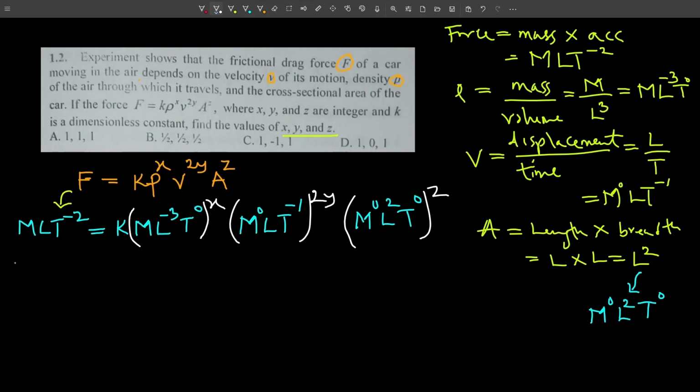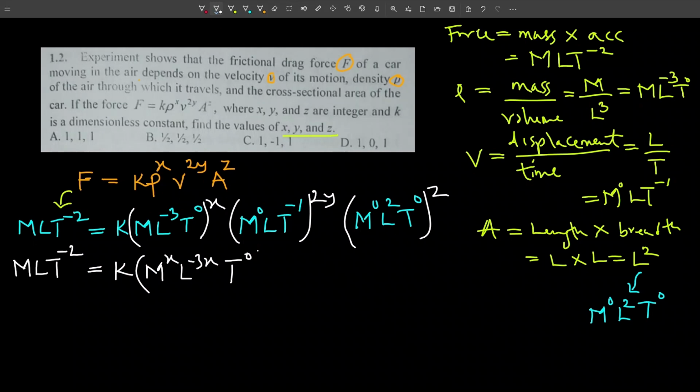So here we have MLt raised to the power minus 2 equal to K. X here will multiply the power of m, so it becomes m raised to the power x. X times minus 3 will give me L raised to the power minus 3x. And this will give me t raised to the power 0 because x times 0 is still 0.